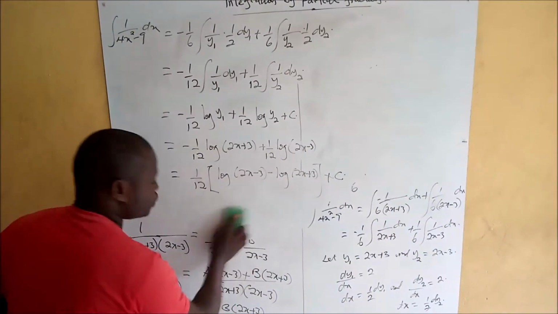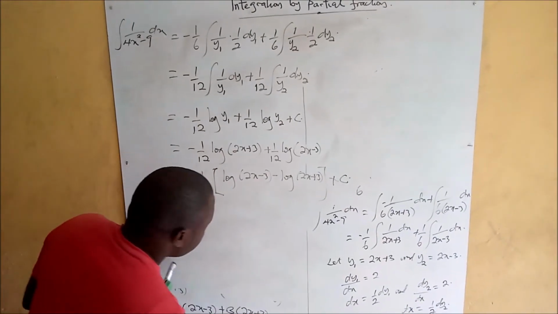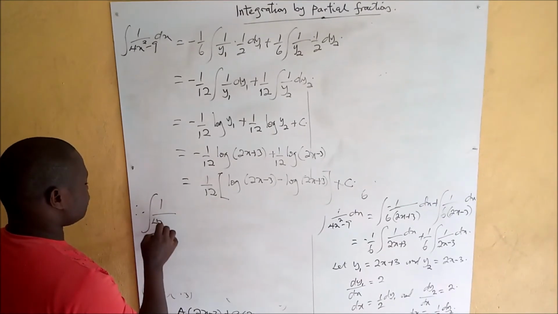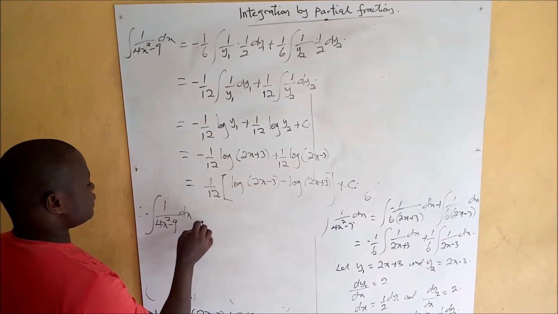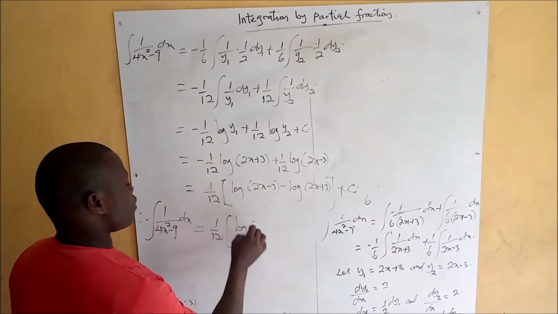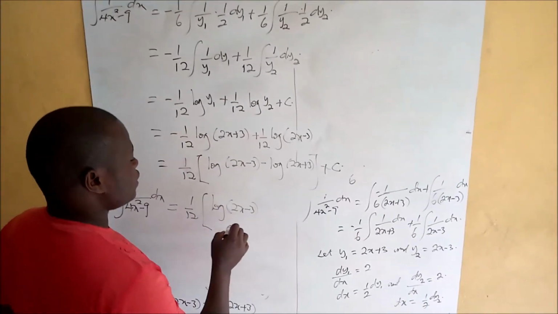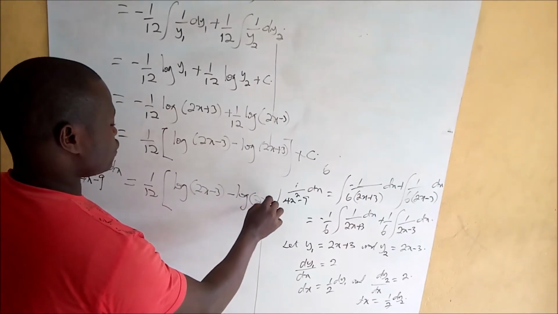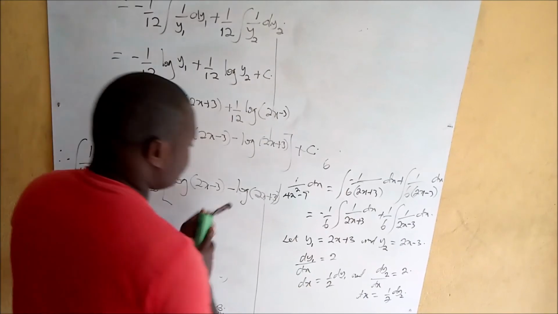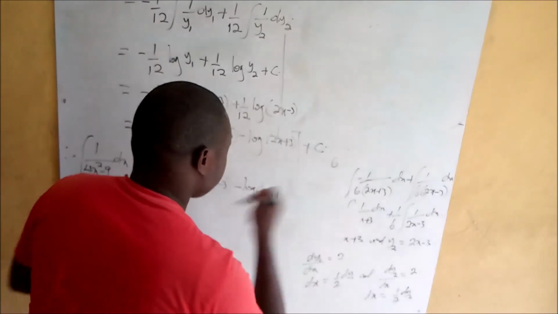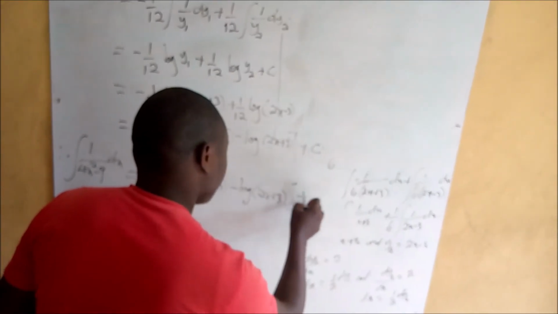So in conclusion, we say that the integral of 1 divided by 4x squared minus 9 dx is equal to 1 over 12 times log of 2x minus 3, then minus log of 2x plus 3, now plus constant of integration.